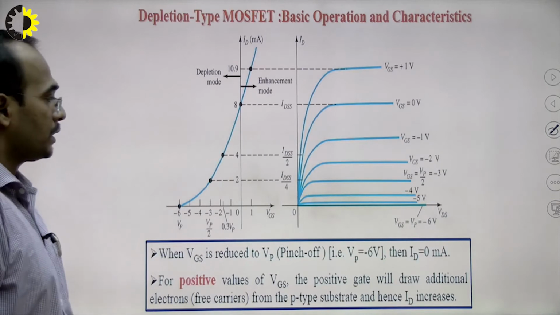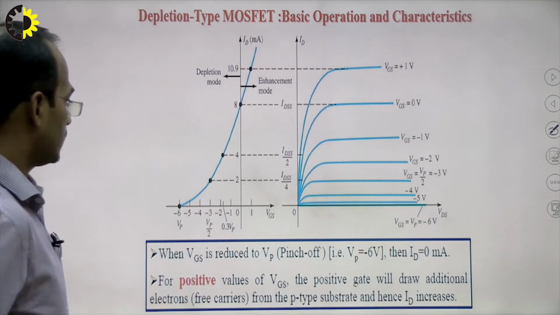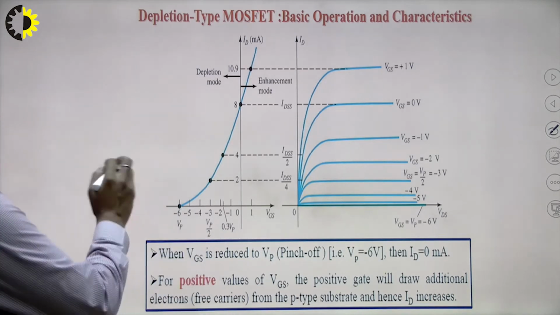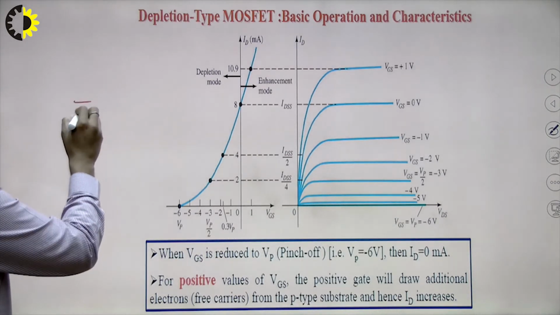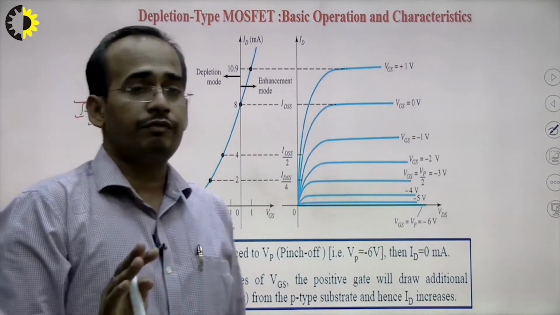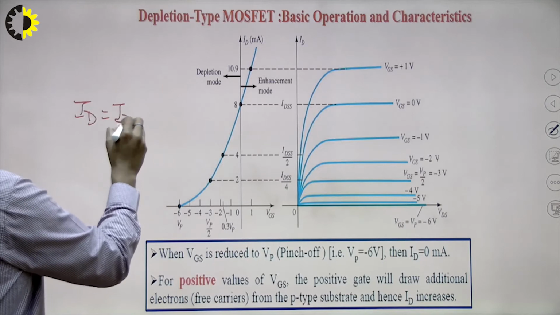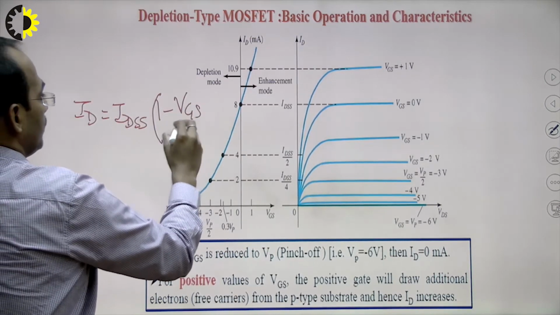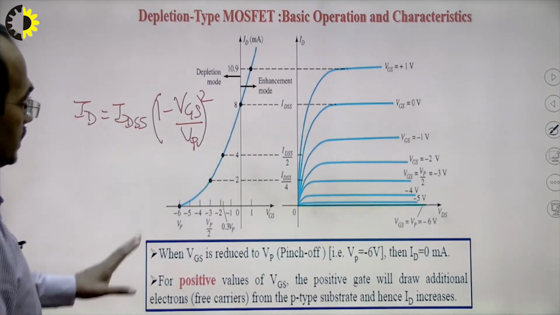This is the characteristic. First, let us see this characteristic. I have applied a negative gate to source voltage. I told you that in the case of the depletion type MOSFET, the transfer characteristic will follow the Shockley equation, that is ID is equal to IDSS times (1 minus VGS upon VP) whole square.